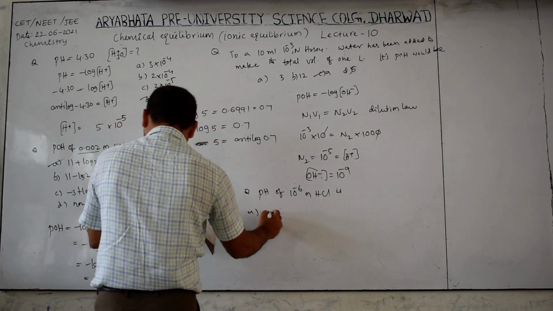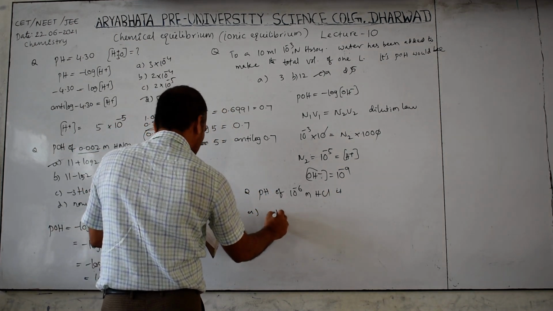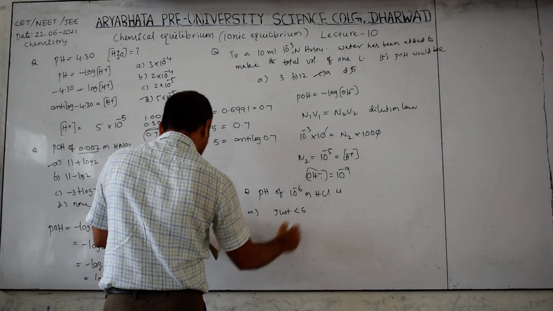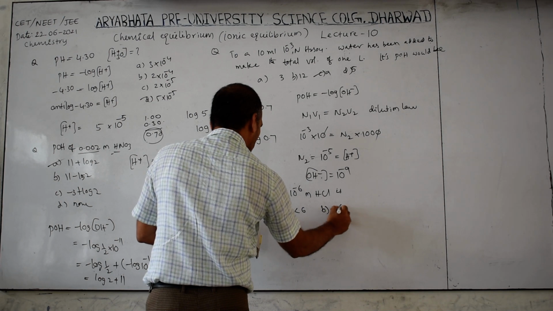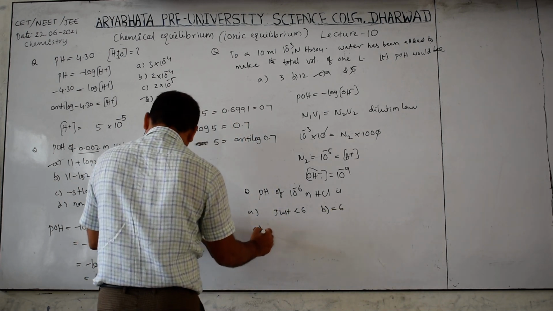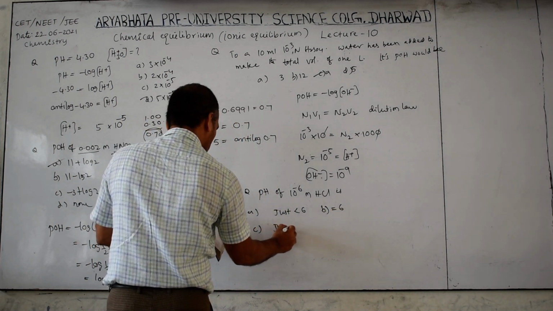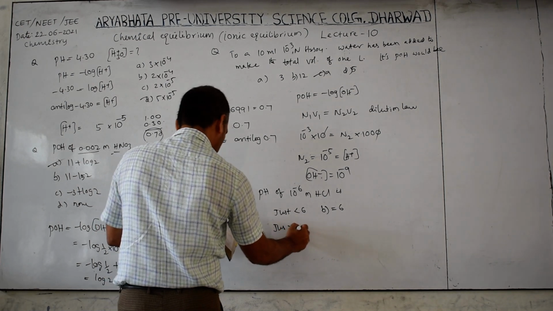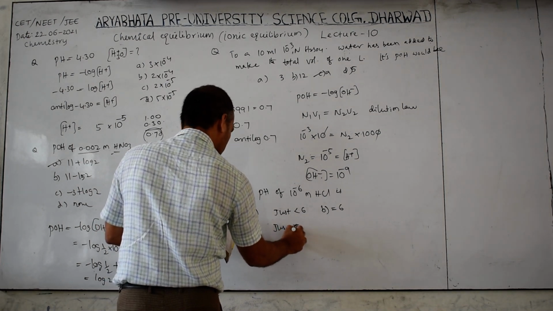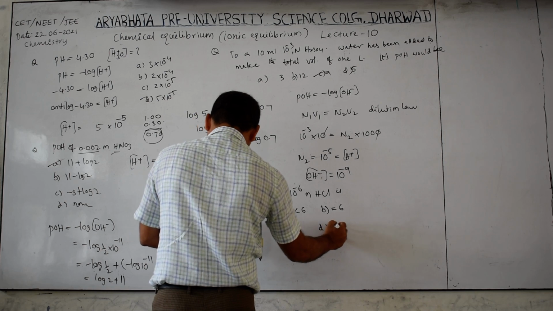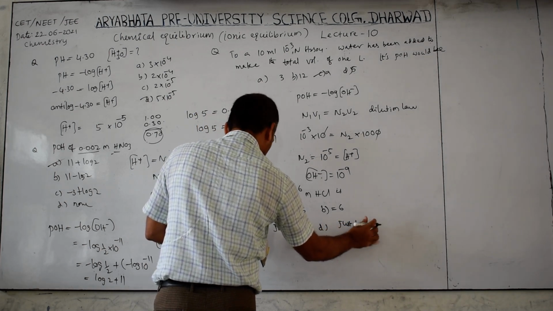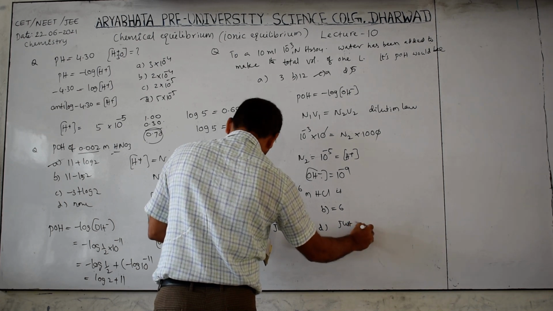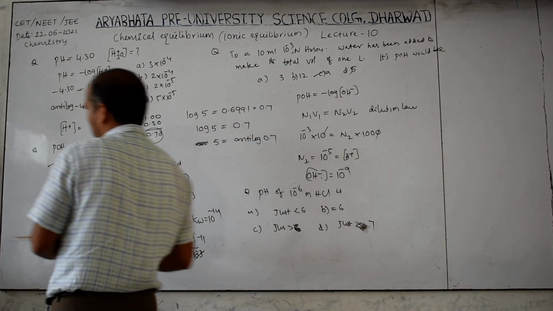Option A just less than 6, B exactly equal to 6, C just greater than 6, and D just less than 7, like this given.